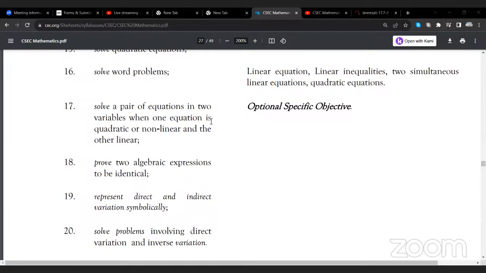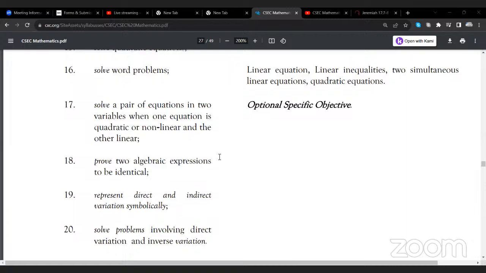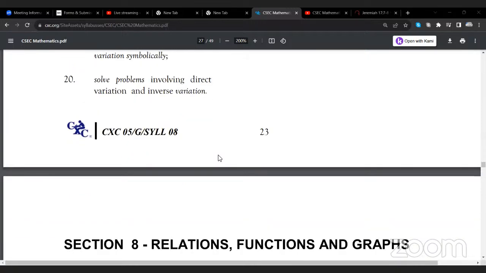And I'm going to show you how we can use practical ways of doing this. Prove two algebraic expressions to be identical and represent direct and indirect variation symbolically. And of course, solve problems on direct variation and inverse variation.